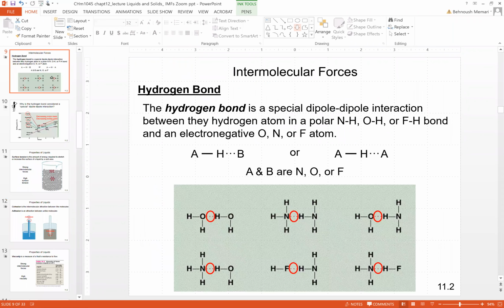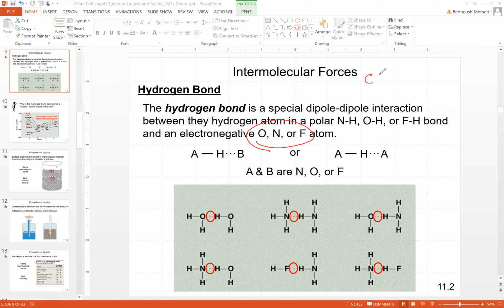Hydrogen bonding is a third type of intermolecular force, or force, because if you count the ionic, you have hydrogen bonding. It's very specific. It's only when hydrogen is attached to one of these three, and it has to be directly attached to that.